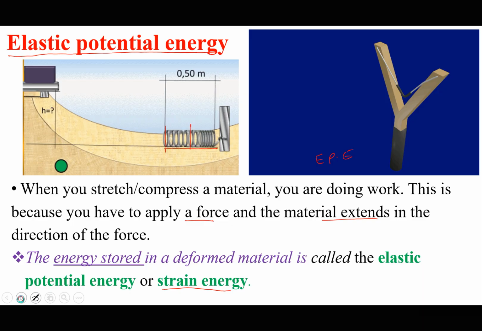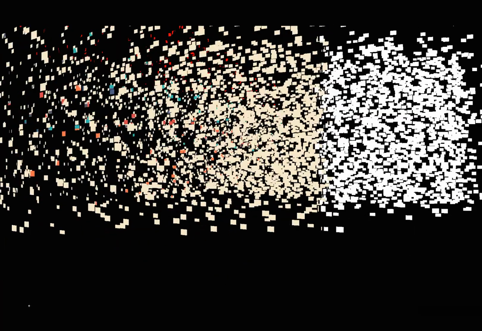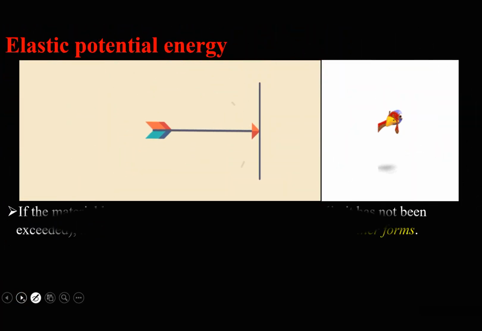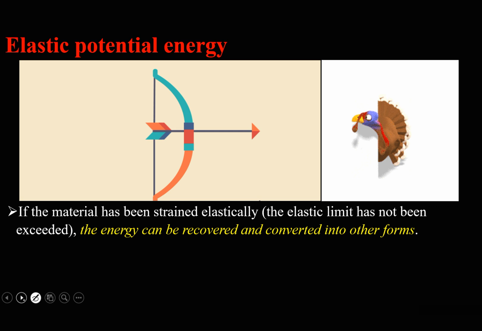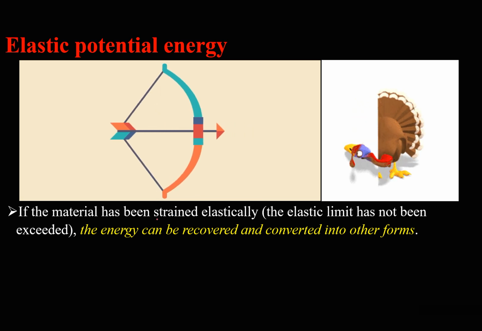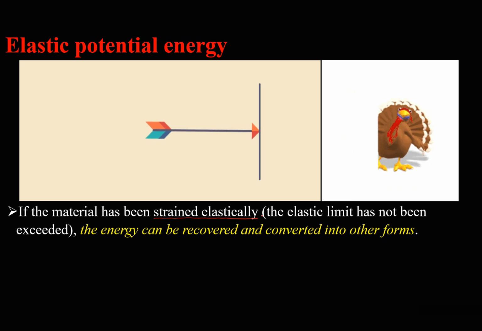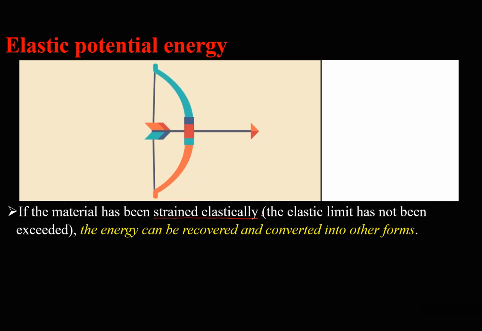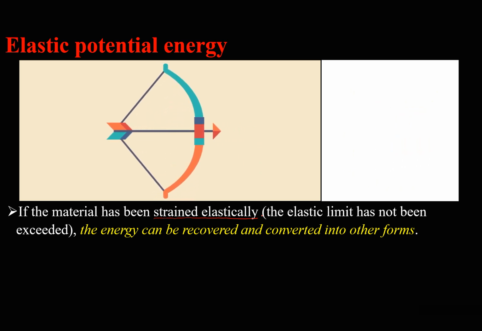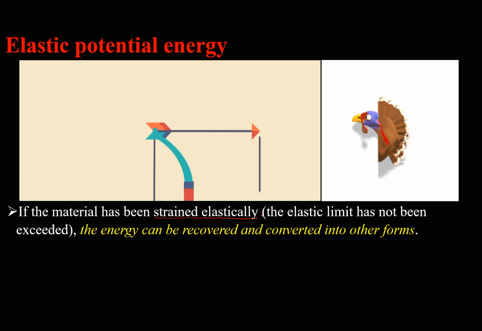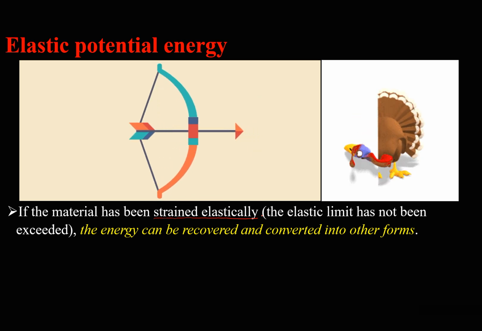Let's understand elastic potential energy in more detail. So if the material has been strained elastically, what does that mean? Remember, for elastic deformation, when the deforming force is removed, the material returns to its original length. So the elastic limit has not been exceeded.